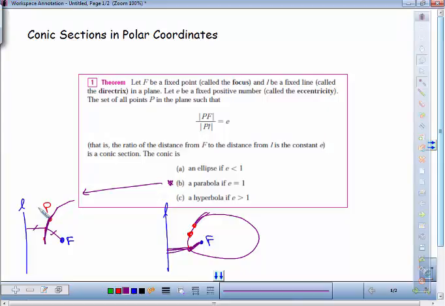That's how a parabola was defined. And if PF and PL are both equal to each other for any point P that we choose, then this is going to be equal to 1. So, by this definition, the eccentricity for a parabola is equal to 1.